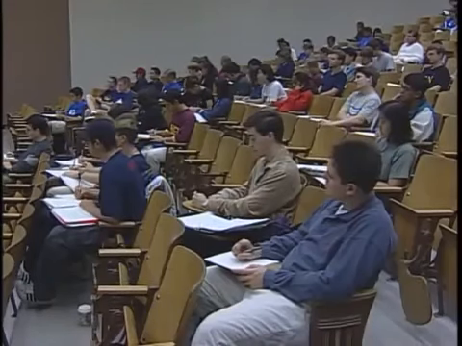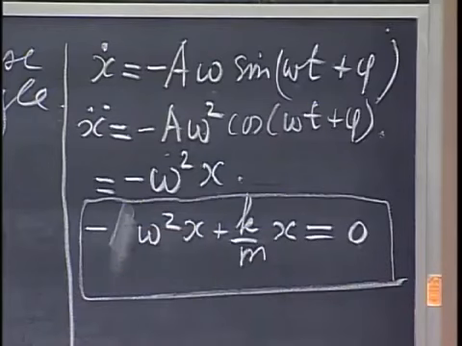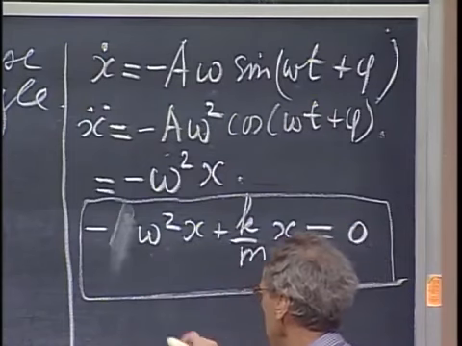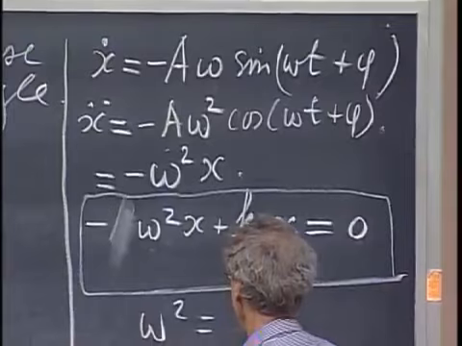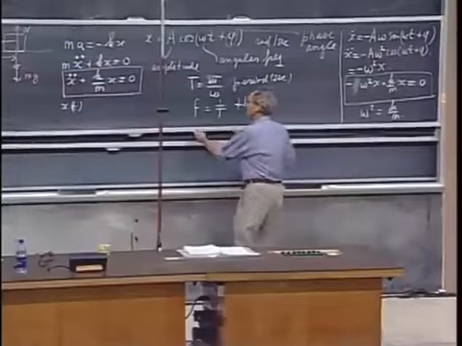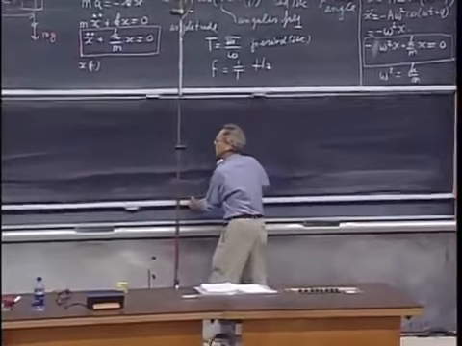This must always hold for any value of x, for any moment in time, and therefore the only way that this can work is if omega squared is k over m. So omega squared must be k over m. And therefore, we now have the solution to this problem.